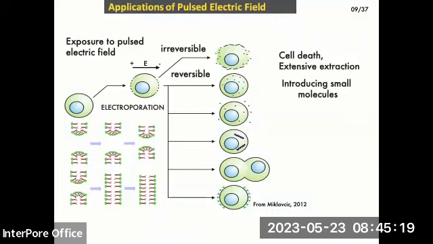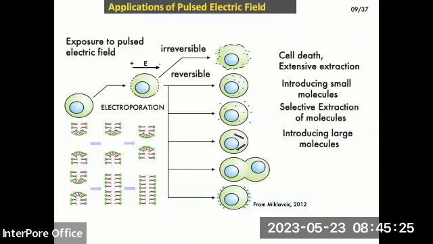We can also selectively extract molecules and also introduce large molecules. Also, it is possible to have cell fusion and protein insertion in the plasma membrane. So different possibilities can exist with such a treatment.